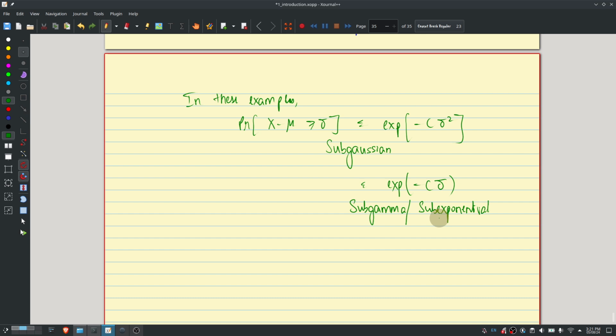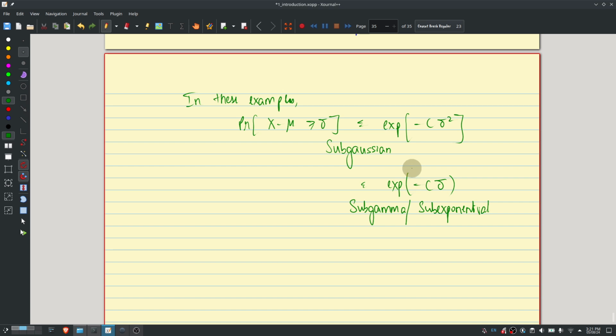I'm not giving you an exact definition yet because all of these are just bounds, but you can characterize each of these using their moment generating functions. The main point is that for sub-Gaussian distributions, you can have tails that decay as e to the minus some constant times delta square.